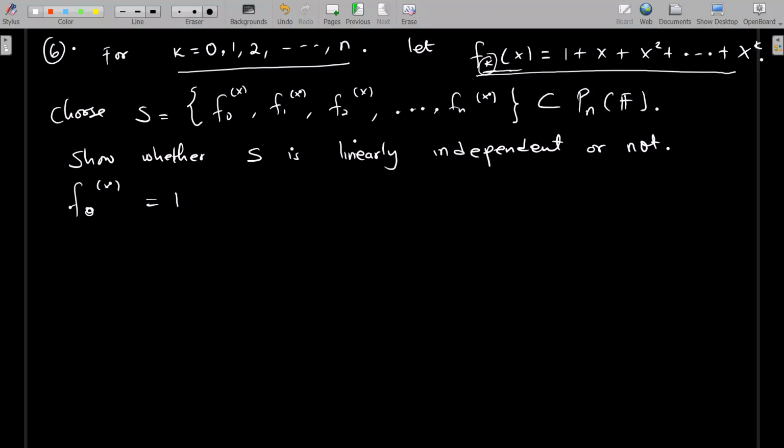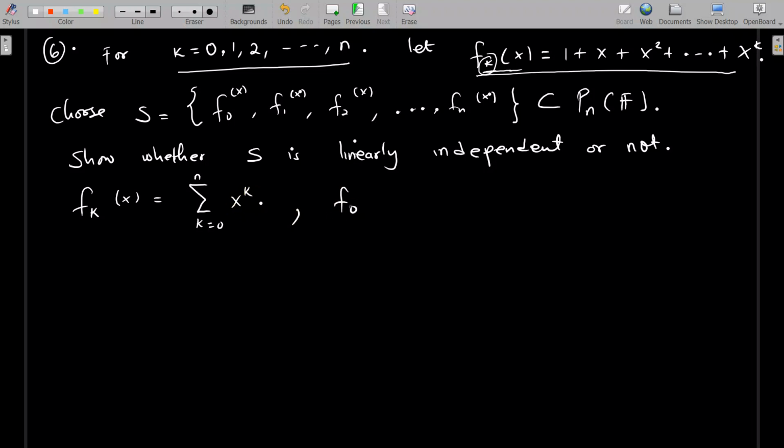This is supposed to be the actual definition of f sub k. So f sub k of x is supposed to be like this: k starting from 0 to n, then x to the k. That explains why I have my f sub 0.